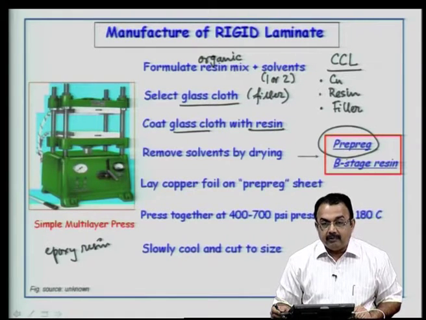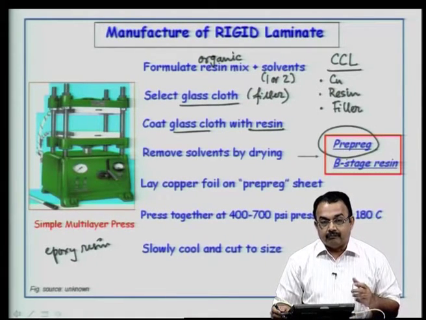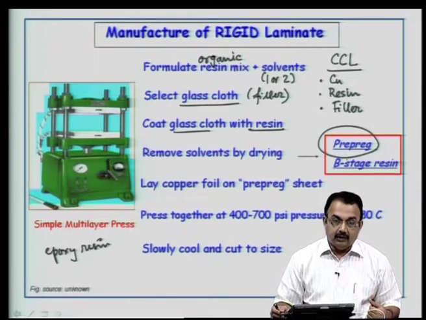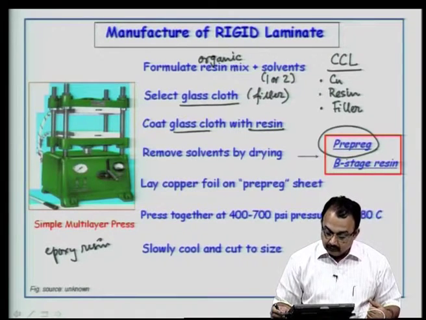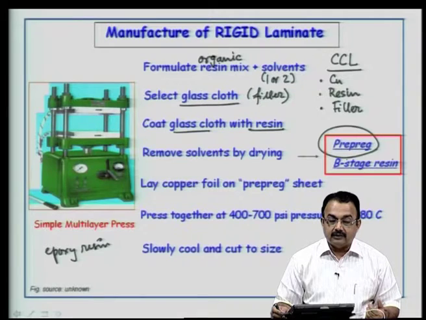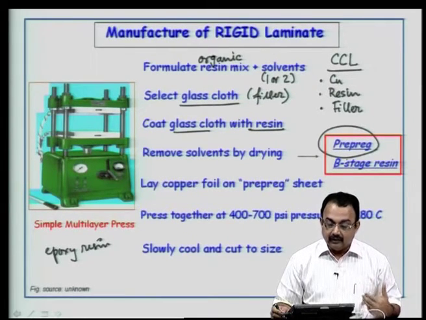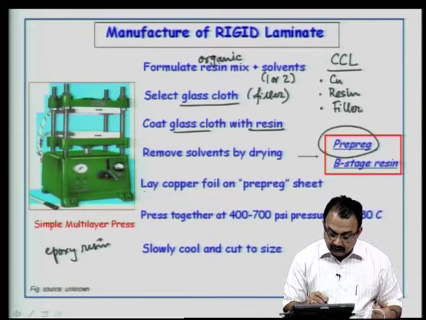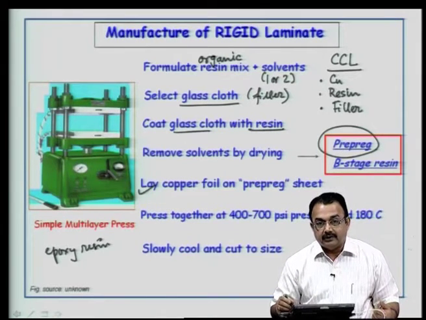Now, pre-preg at this stage is a very important material that is used for multi-layer boards in PCB manufacture. It will act as the inner layer dielectric. It can easily sandwich two copper foils by the lamination process. So, the next step will be to lay the copper foil onto the pre-preg sheet.